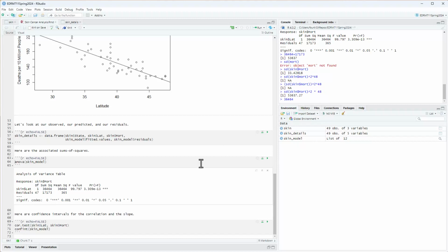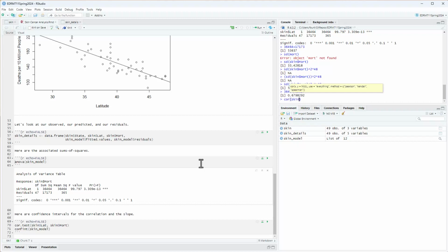And if I were to divide that into the 53637, we end up with 0.68. That is, we're confirming that this is the same as taking the square of the correlation of those two variables.